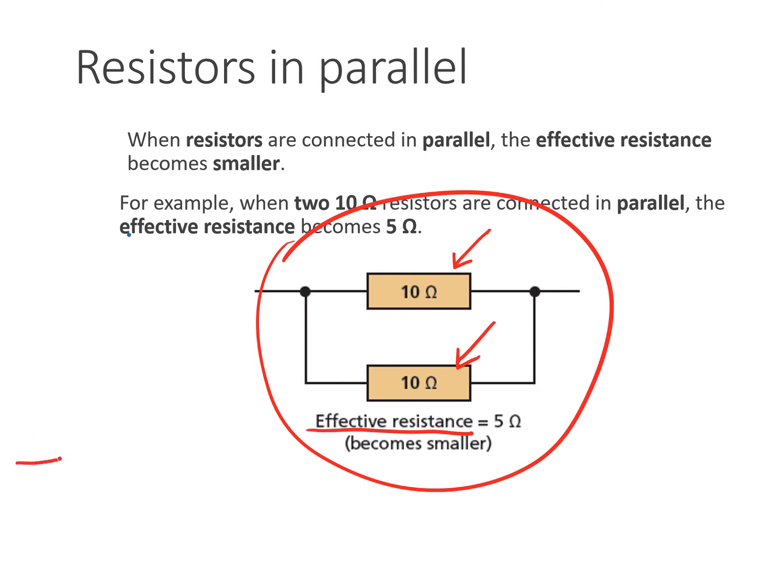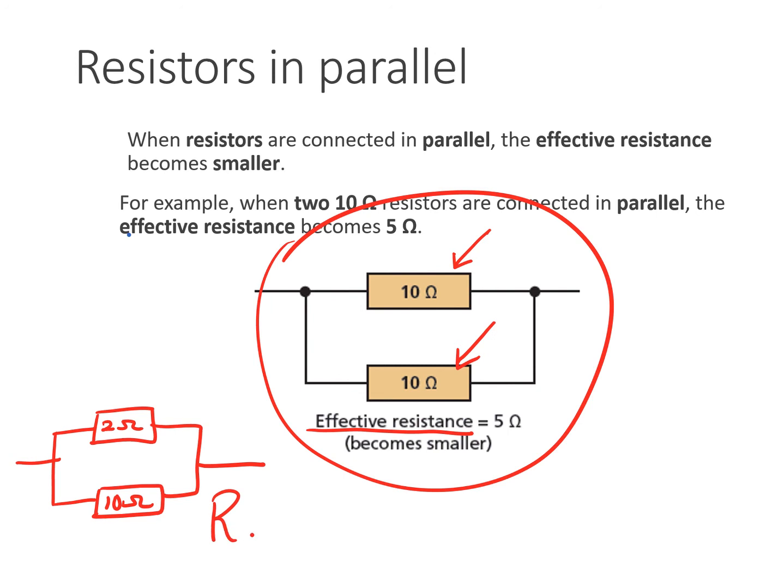In fact, you do not need to know the calculation, but let's say I have a 2 ohm resistor here and a 10 ohm resistor here. When I connect them in this way, the effective resistance, for which I'm going to use the symbol R with the subscript E, will be smaller than the smaller one here, smaller than 2 ohms.